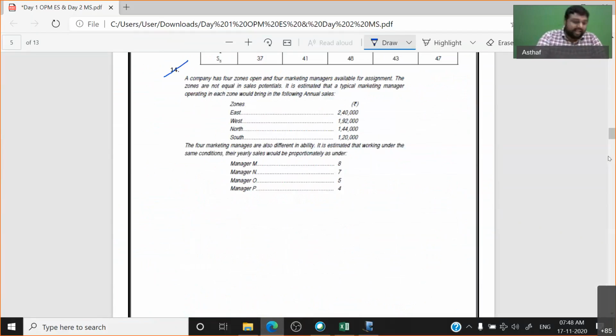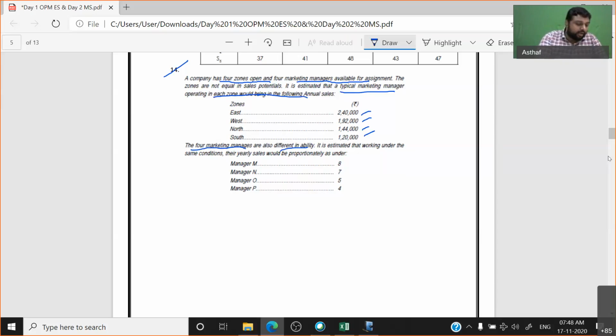A company has 4 zones open. 4 marketing managers are available. The zones are not of equal sales potential. It is estimated that a typical marketing manager operating in each zone would bring the following annual sales. The 4 marketing managers are also different in ability.